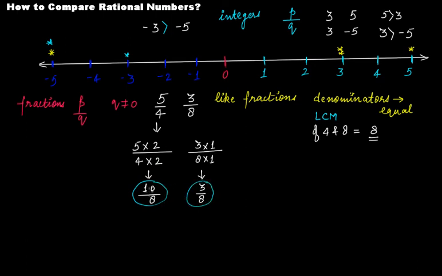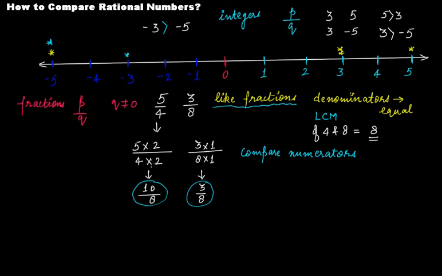Now clearly, these two fractions have become like fractions. If these are like fractions now, then we know that when we have like fractions, we compare numerators.